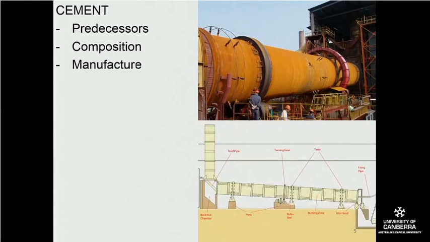Now, if we just go and have a look here, what happens is you can see the rotary kiln, which goes around, right? You can see the big rollers here. So this whole tube actually turns on its axis. In the high end, you have the feed pipe, which you see in this elevation here, which introduces the limestone and clay, and then it's basically tumbled down this tube, and then they get to a really hot bed, which actually does the work to chemically change the cement, and then it pops out down the bottom here.